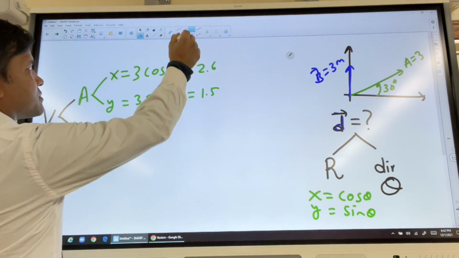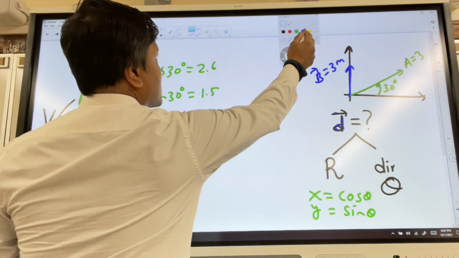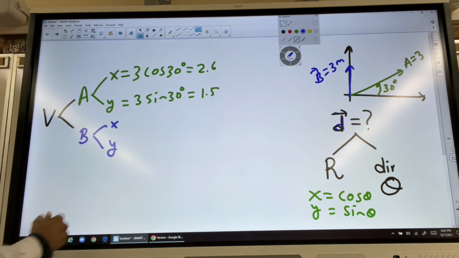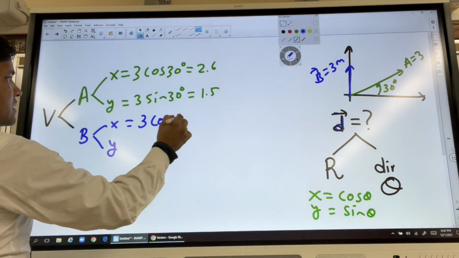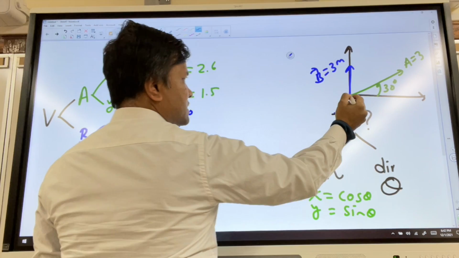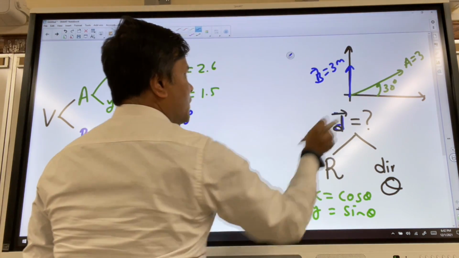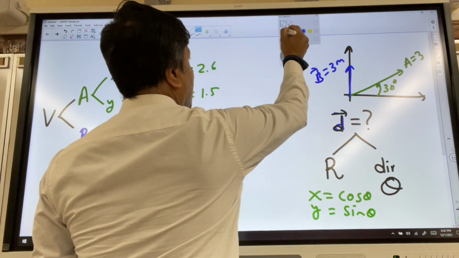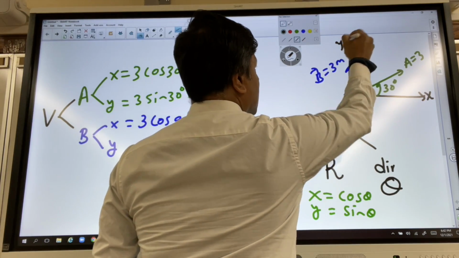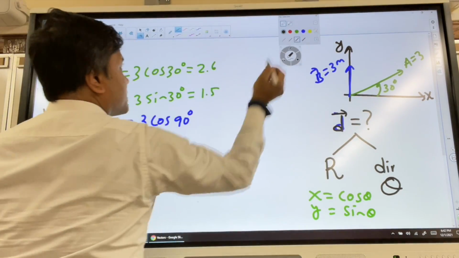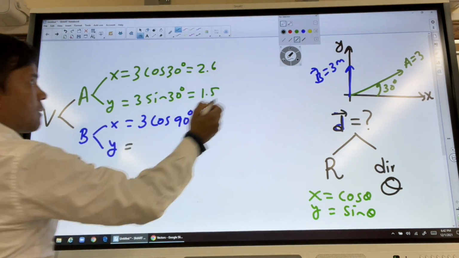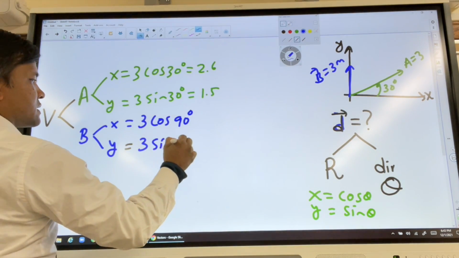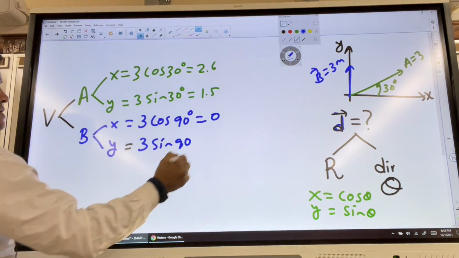Now the vector B is blue, so let's use blue. So vector B, x and y: 3 cosine 90 degree. Understand that this blue vector is 90 degree with respect to the x-axis. 3 sine 90 degree, so this is 0 and this is 3.